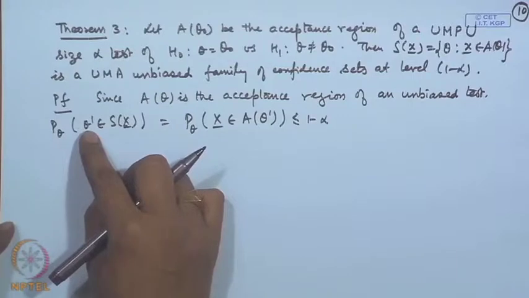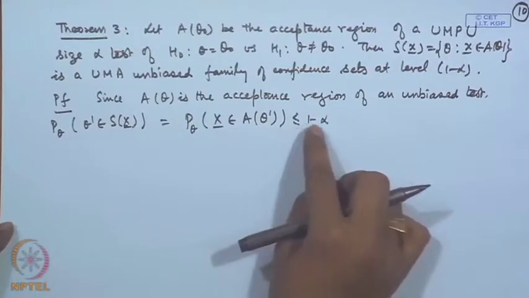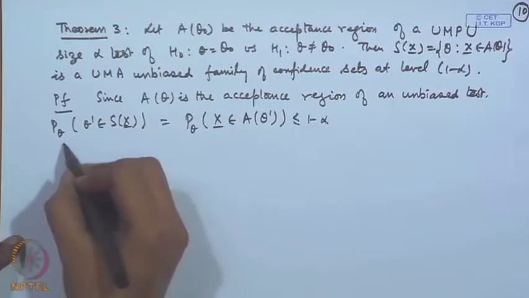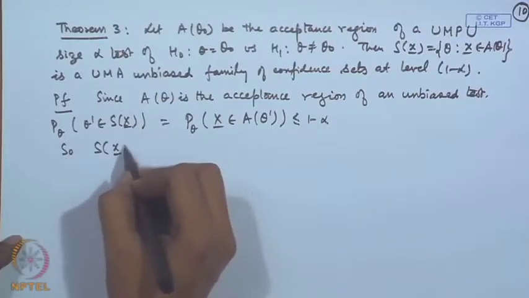That is the probability of rejecting when H naught is true, and this is less than or equal to 1 minus alpha. So, S x is unbiased.